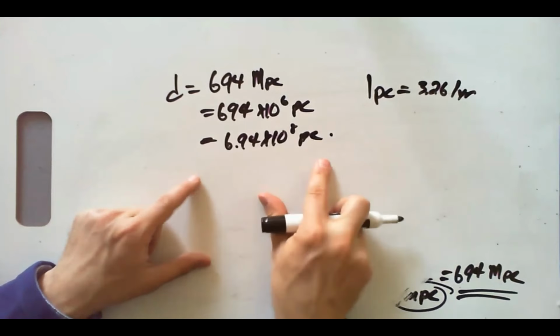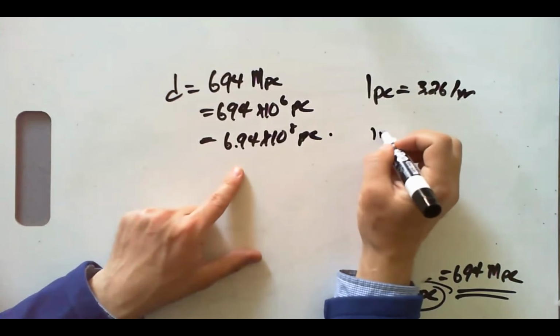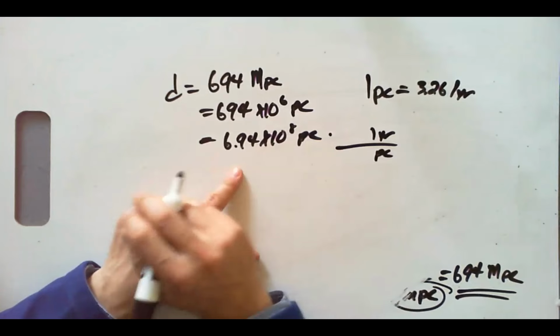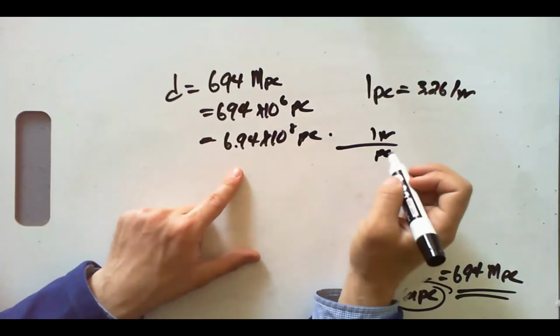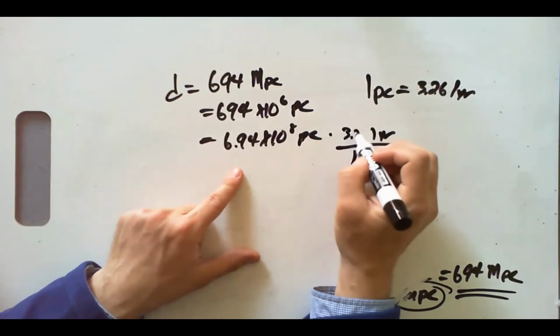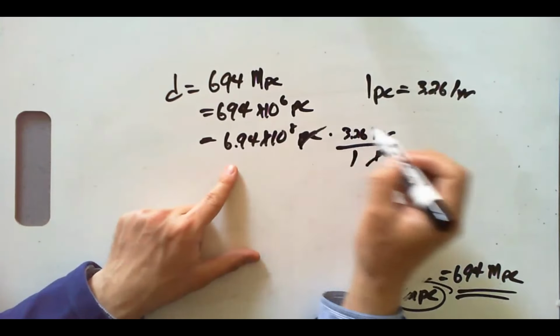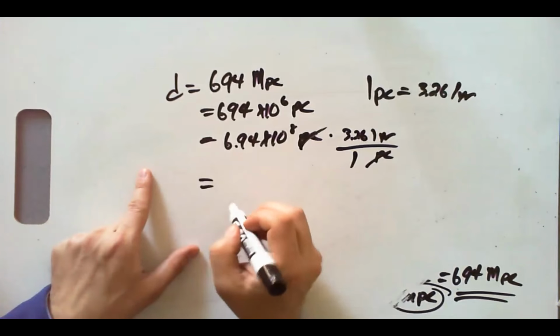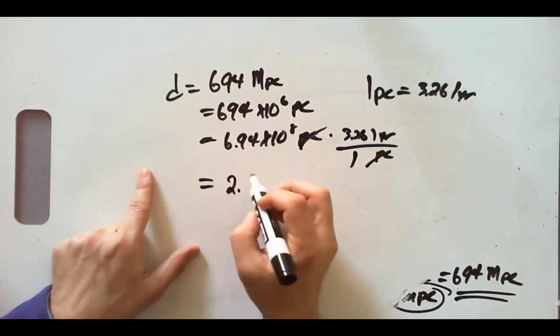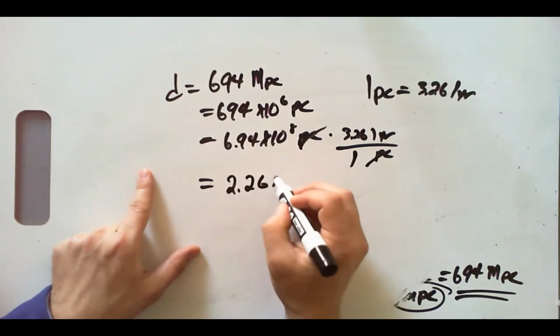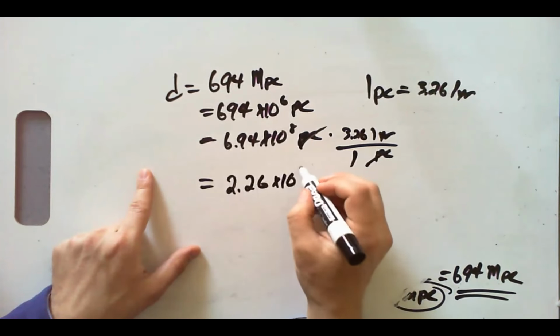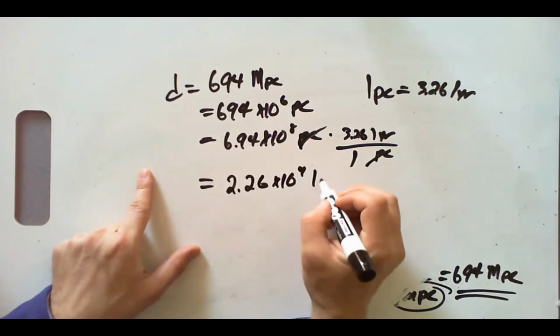So we can just do the unit conversion. We need light years on top and parsecs on the bottom. We multiply this number by 3.26, the parsecs go away, and we end up with light years. The number you get is about 2.26 times 10 to the 9 light years.